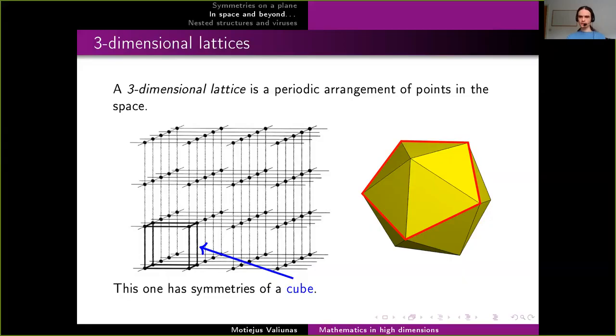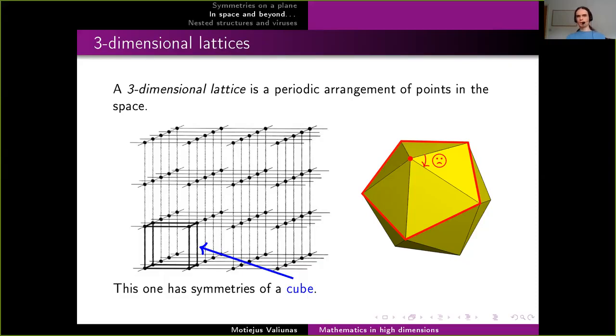In 3 dimensions, it turns out that it's exactly the same situation, that the pentagon somehow restricts us. In particular, the rotation of 1/5 of a turn around two opposite vertices of the icosahedron is what ruins things, and we cannot have a three-dimensional lattice with the same symmetries of the icosahedron.